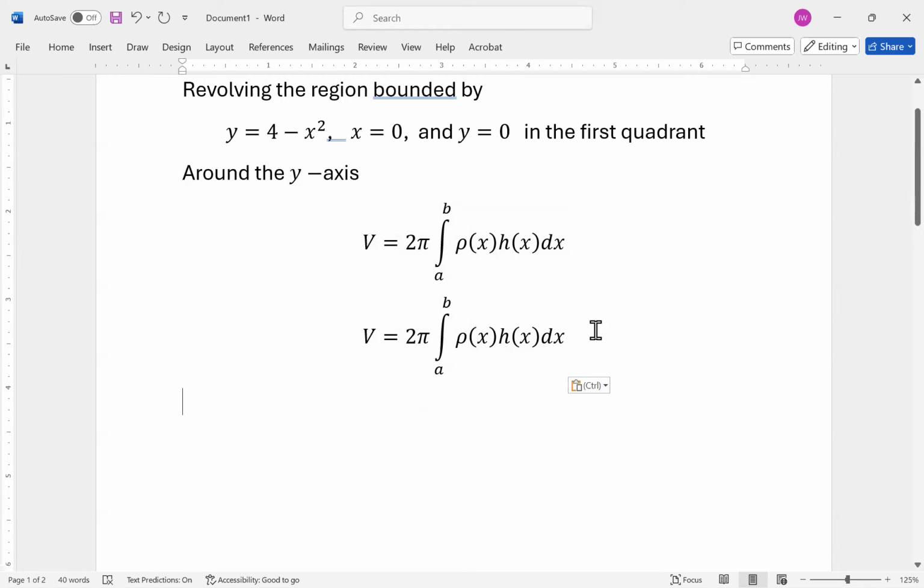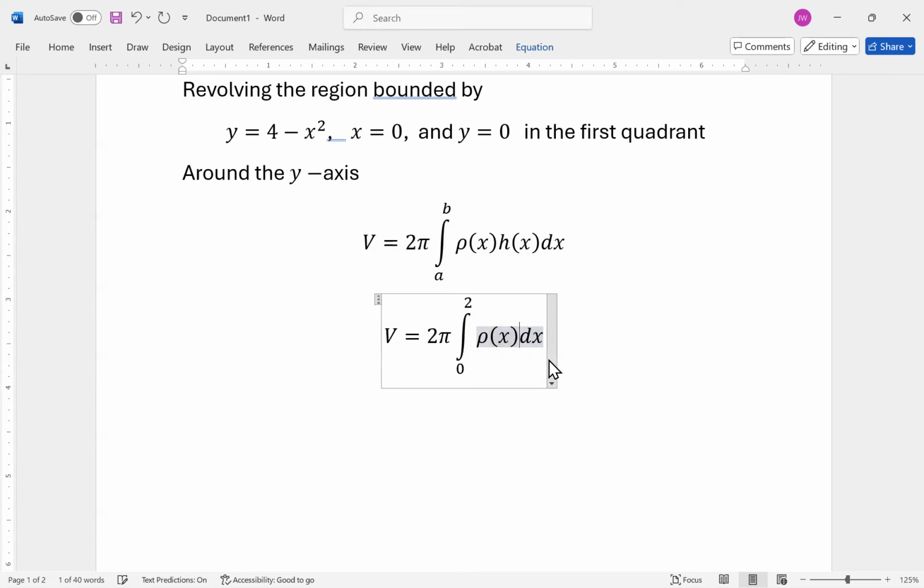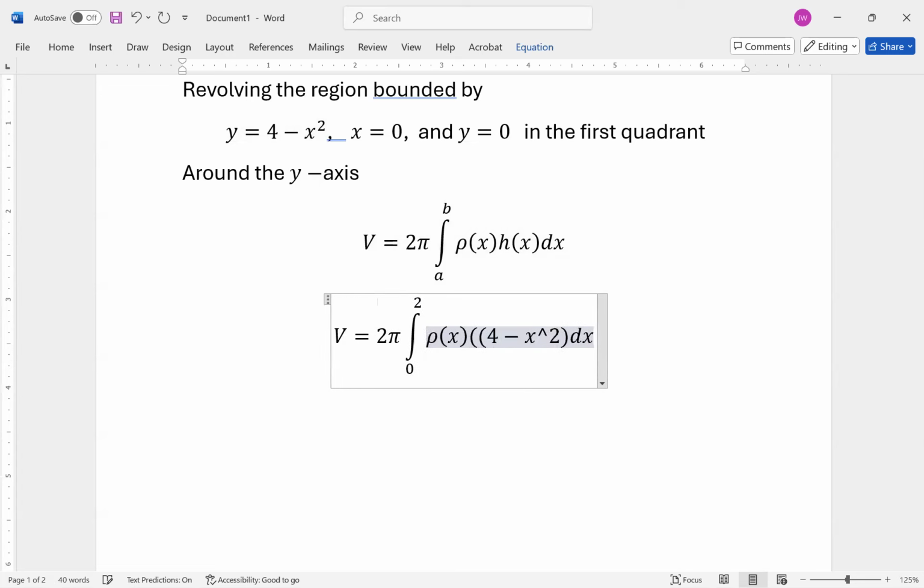On my picture, the bounds for x went from 0 to 2. The height of the cylinder was the height of the rectangle. And we saw that the rectangle went from y equals 4 minus x squared down to y equals 0.